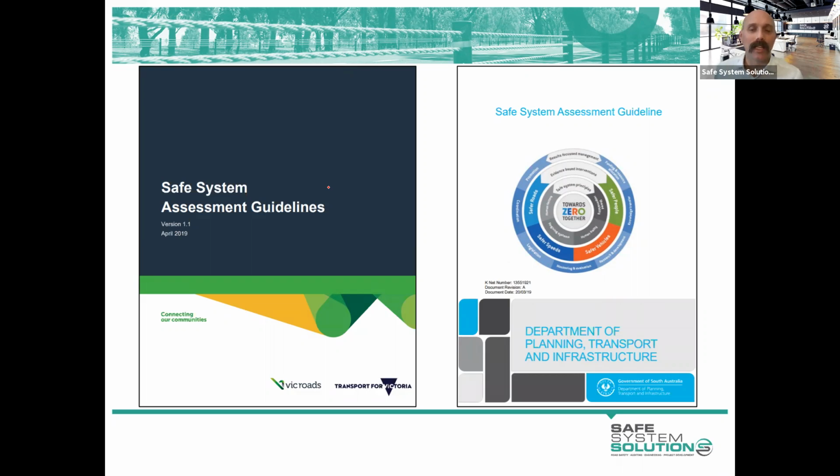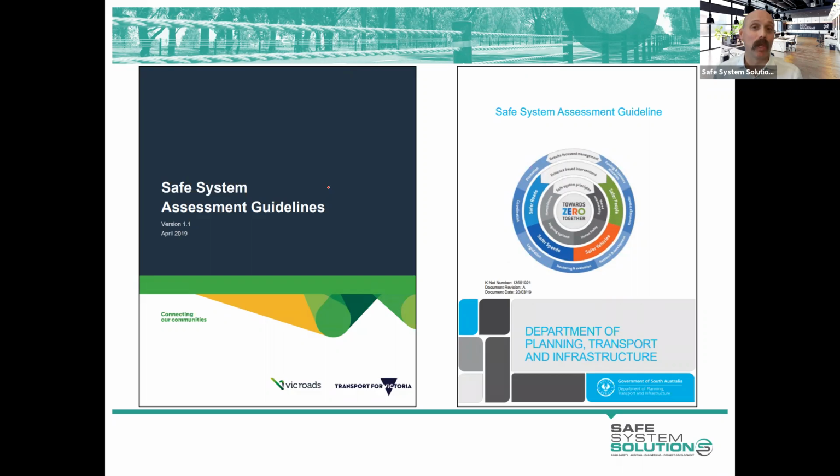However, what I'm seeing is New South Wales was a bit sluggish to get started on the safe system assessments, and some of the other jurisdictions leapt out ahead and have been busily doing them, getting guidance and putting it into policy and making it very much part of the way they operate. But New South Wales has woken up to these now, and they're starting to really ramp up their uptake.